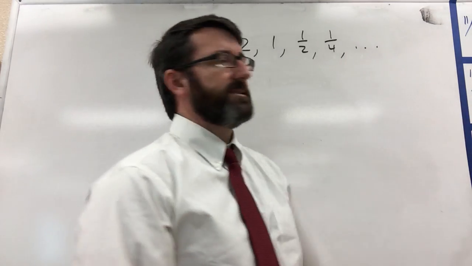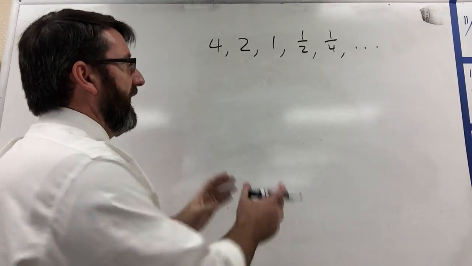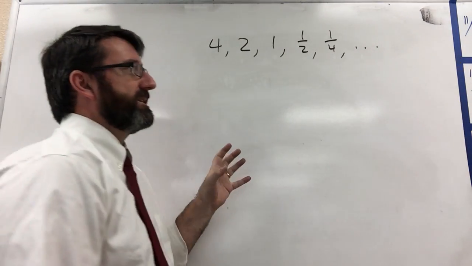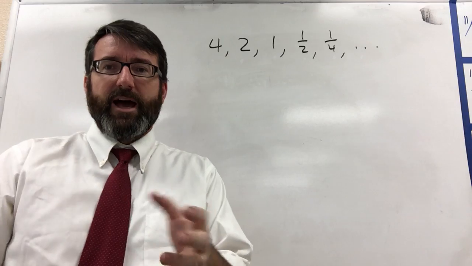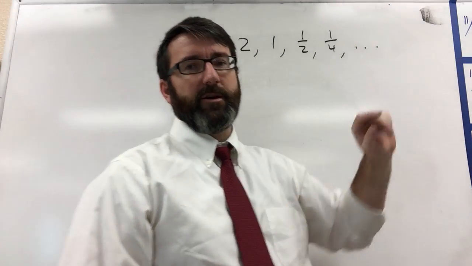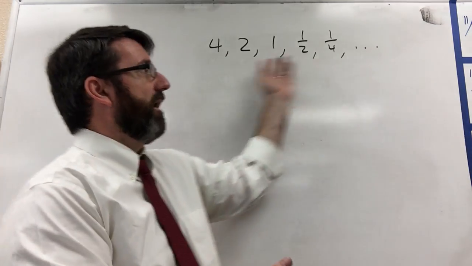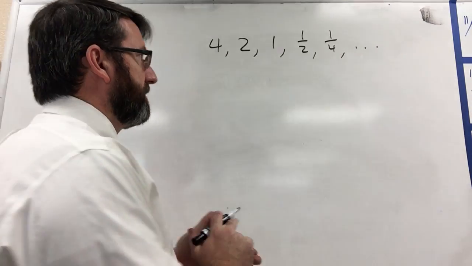So hopefully you can see what's happening here. We're getting closer and closer to a single number. And at infinity, we're going to say that, in fact, we reach that. If we added all of the terms in this sequence, we're going to get to 8. These are all going to add up to 8.